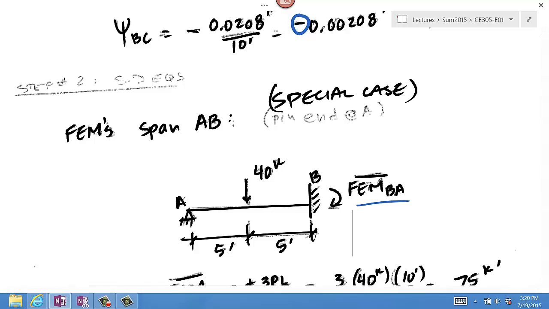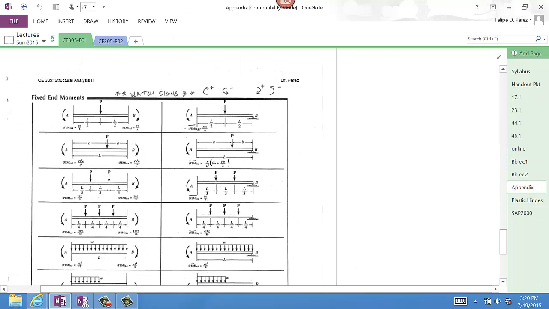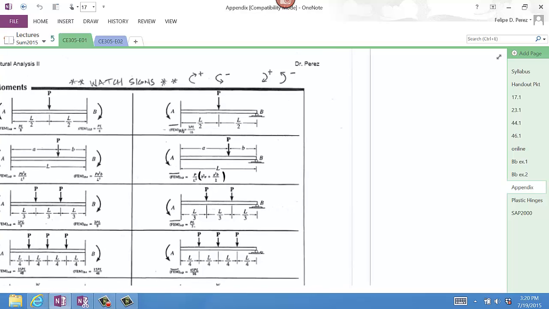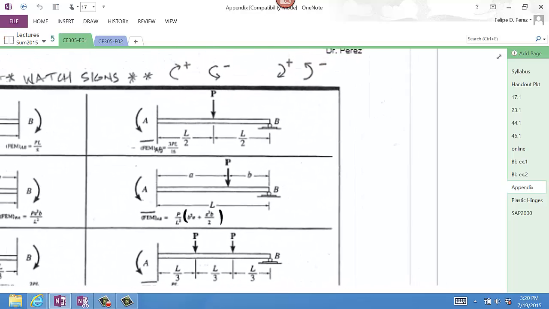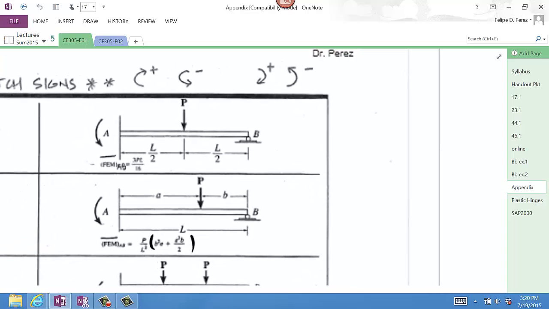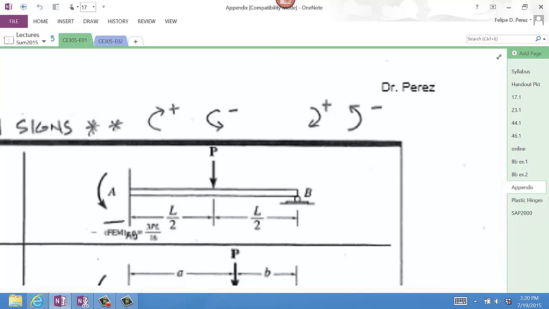Now when you look this up in the handout, in the appendix section, because this is a special case span, you're going to be looking at the rightmost column of this table, and you're going to look for a point load that's acting at midspan of that span. And so clearly you see this figure applies, except that it's flipped.